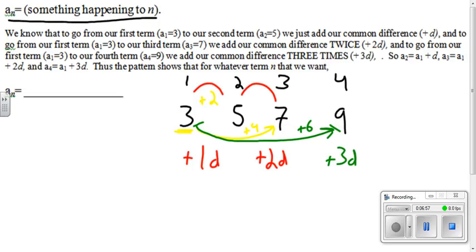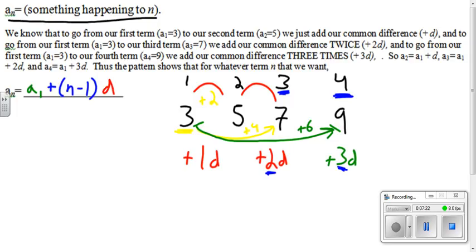So we could say that we started with a sub 1, our 3, and depending on which term we're looking for, if we're looking for the fourth term, it's 3 differences. If we're looking for the third term, it's 2 differences. So then we would add whatever term we're looking for, n, minus 1 times our difference.